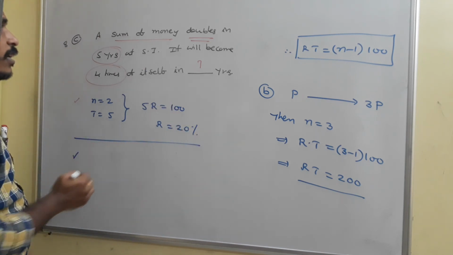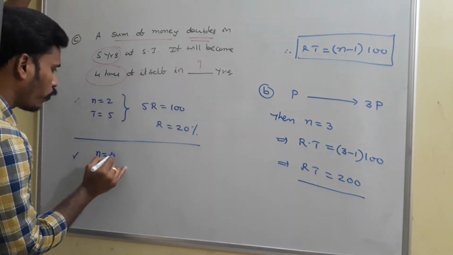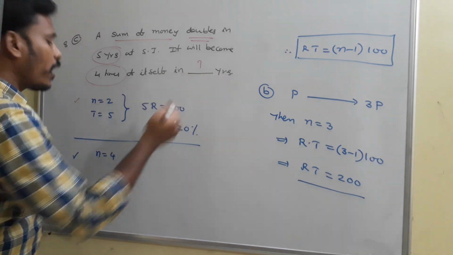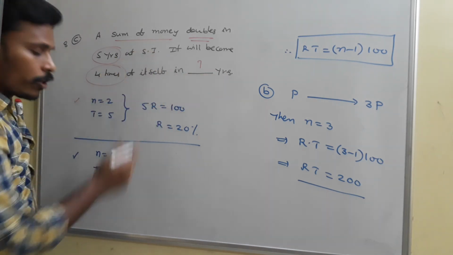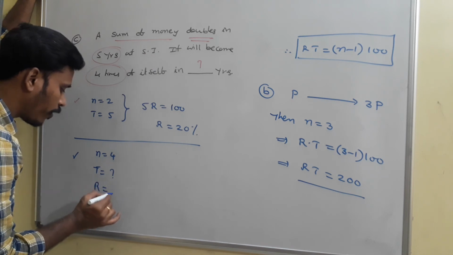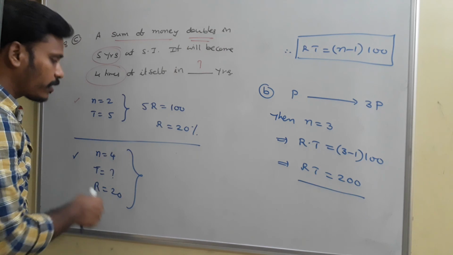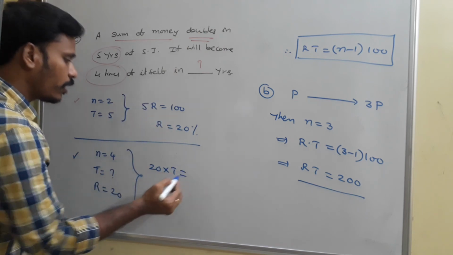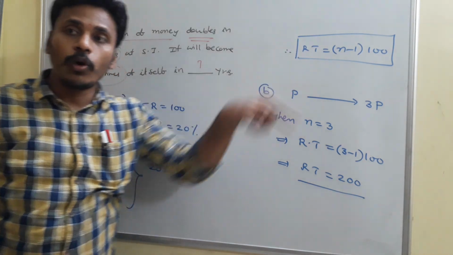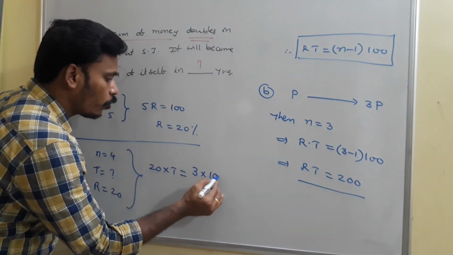Now in the second case, the amount will become 4 times of itself in how many years? That means n is equal to 4, and time we need to find. Since the problem is the same, you need to consider the same rate of interest here, 20. So if you apply the same logic, r into t, so 20 into t is equal to (n minus 1) into 100. Here n is 4, 4 minus 1 is 3, 3 into 100.